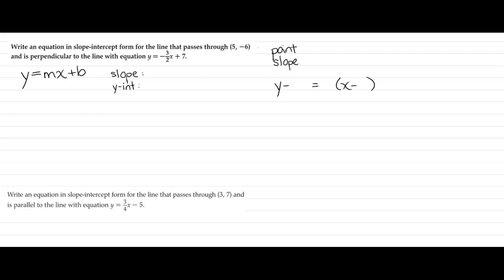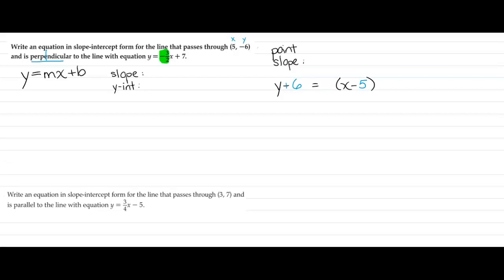Okay, the point is 5, -6. This is the x, this is the y. X goes by x, y goes by y. -6. It cancels out the negative in the formula. Now we need the slope, and they tell us perpendicular to this line. The slope of this line is -3/2.